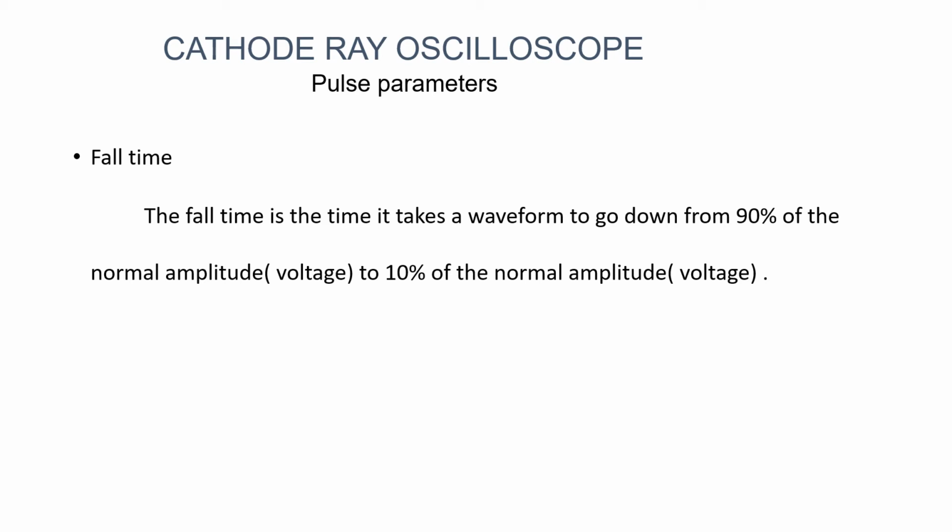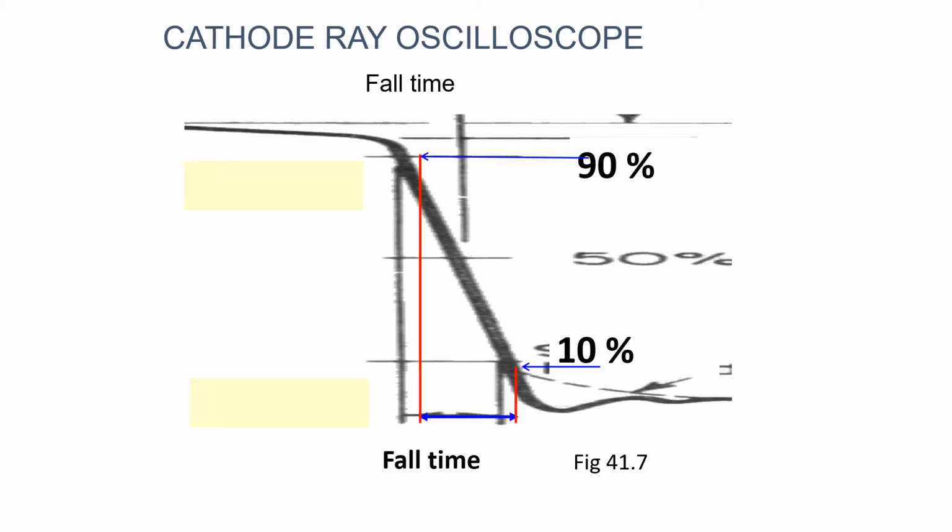Next, you note down when the pulse waveform has attained 10% of the amplitude. The difference between these two is nothing but the fall time. So you can see here the waveform falling from 90% of the amplitude to 10% of the amplitude. This is the fall time.